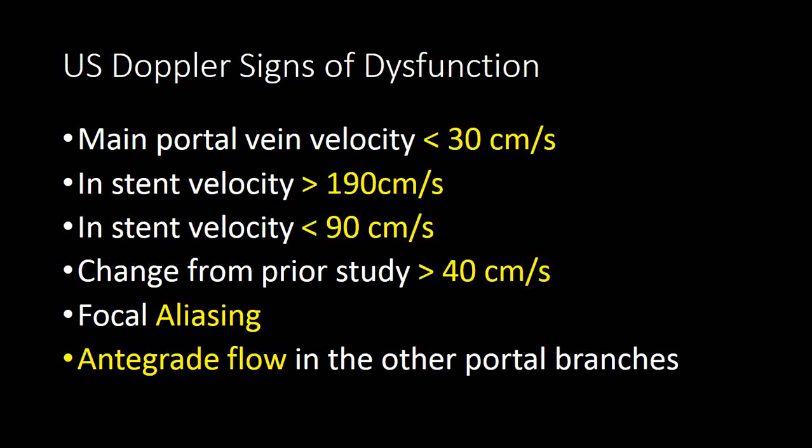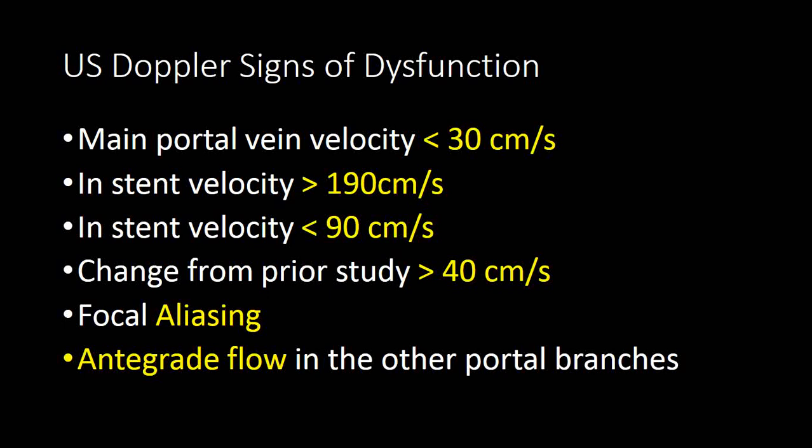Now that 90 to 120 still fits within our criteria for absolute velocities, but because there's been a change of greater than 40 centimeters per second since the prior study, that may indicate that there's a change in the stent and stenosis is developing.